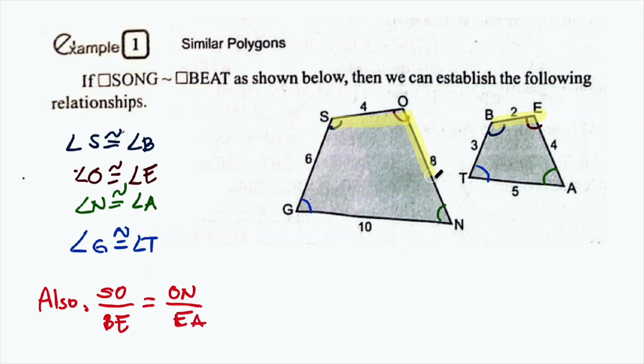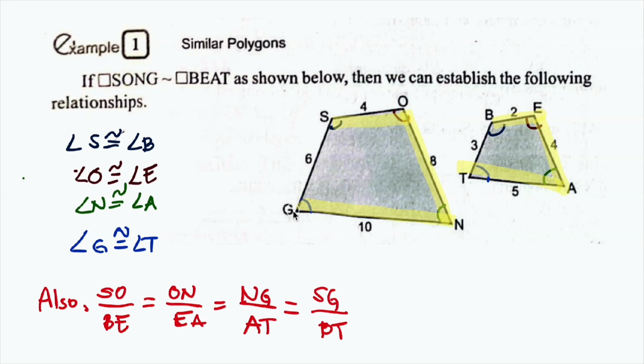So ON over EA is equal to SO over BE. Also, that is equal to NG over AT, which is also equal to SG over BT.